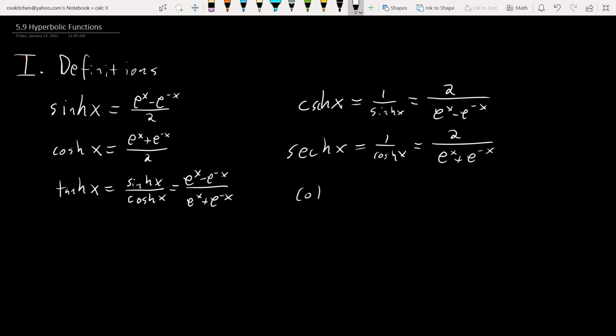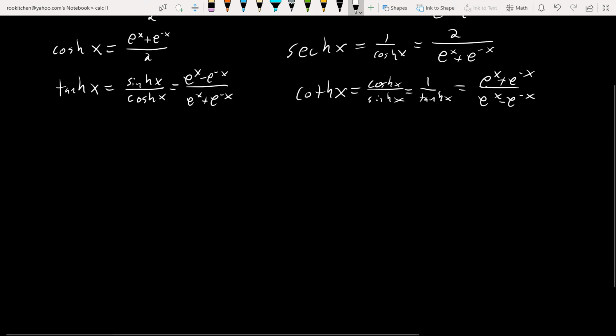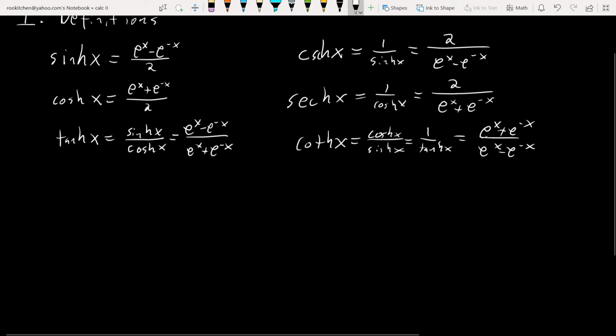And then, of course, hyperbolic cotangent, or coth, is cosh over sinh, or 1 over tanh, the reciprocal of tanh, so that would be e to the x plus e to the negative x over e to the x minus e to the negative x. So it's new, but it's not too difficult to get your brain wrapped around what's going on.